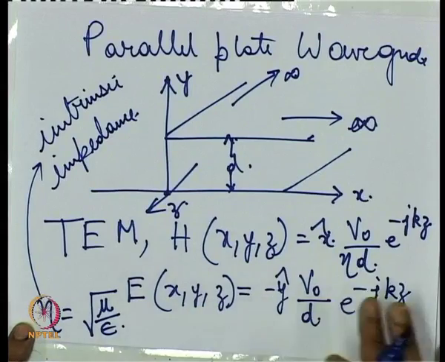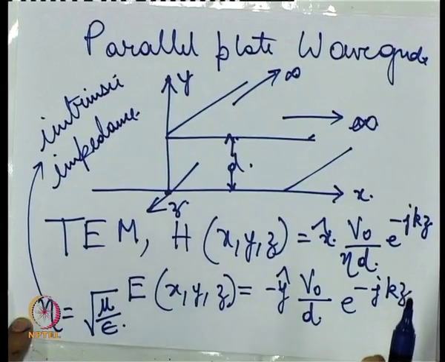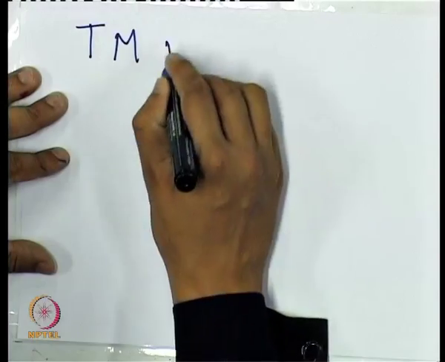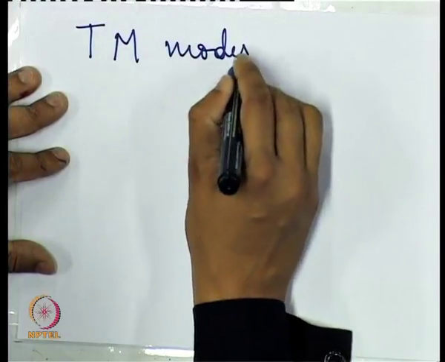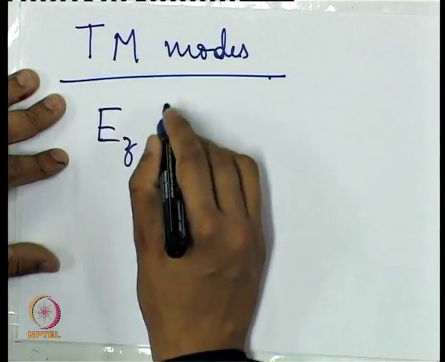So, this is the TEM solution, and as we can see, there is only a single solution. We do not have multiple solutions. If we try to find the other solutions, for example the TM solutions, they are given like this.